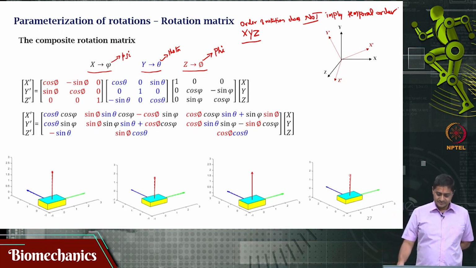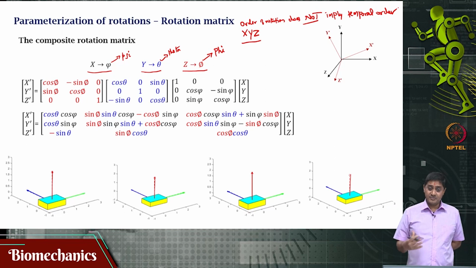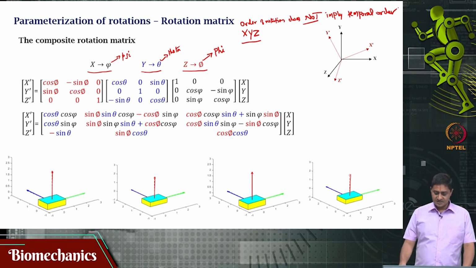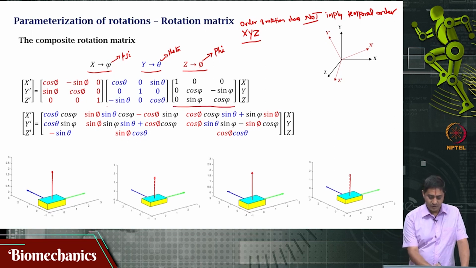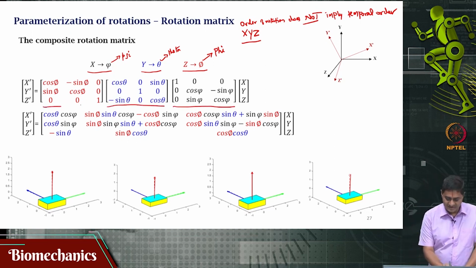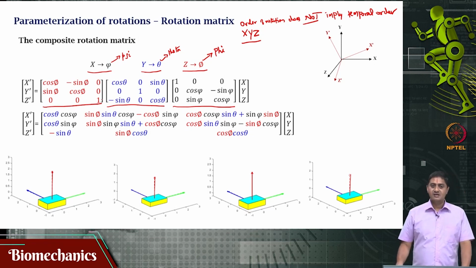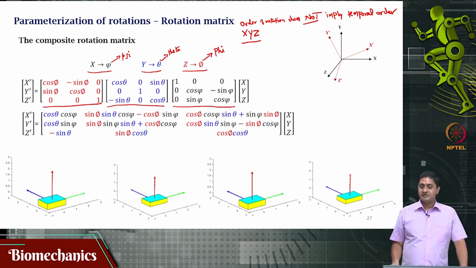Now, for representation sake, you still need to identify the considered order of rotation, that is x, y, z. That means the x rotation matrix followed by the y rotation matrix followed by the z rotation matrix is from right to left. Remember matrix multiplication, how does it happen?